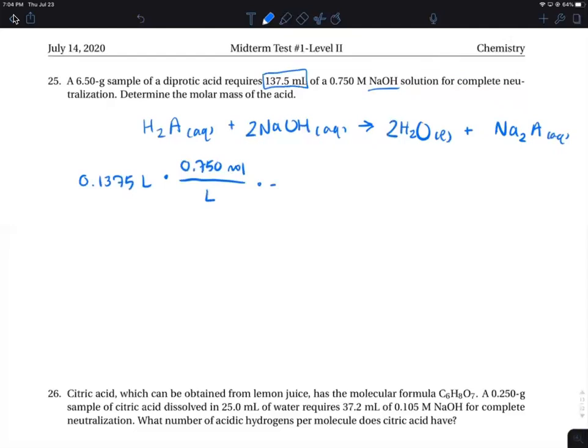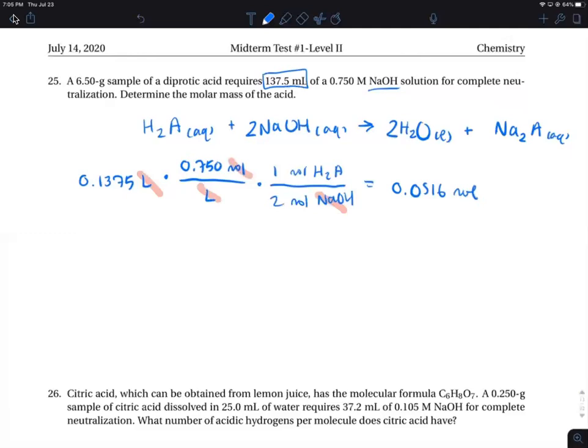Notice that this is moles of solute per liters of solution, and this is NaOH. For every 2 moles of NaOH, we have 1 mole of H2A. So now we have our answer in moles H2A. If we calculate that, we should get 0.0516 moles of H2A.